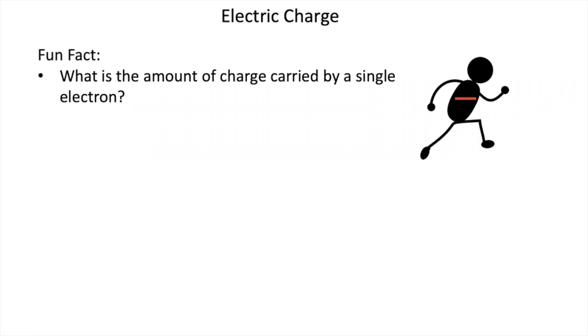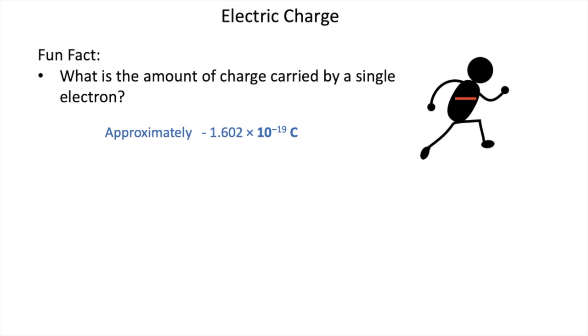So here's a fun fact that I want to share with you. What do you think is the amount of charge in coulombs that is carried by a single electron? Well, I'll tell you the answer. The charge carried by a single electron is approximately negative, because it's a negative charge, 1.6 times 10 to the power of negative 19 coulombs.